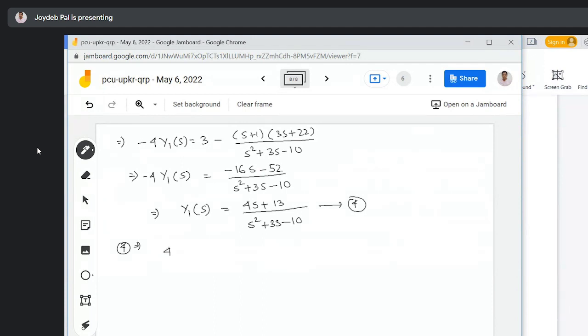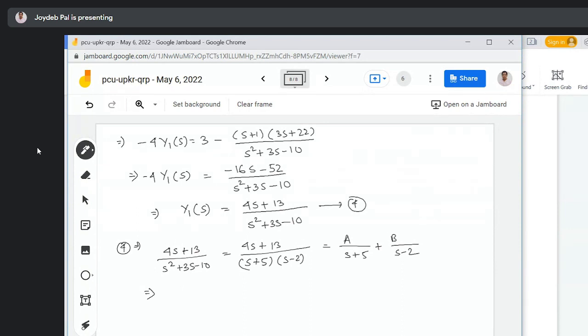I'm assuming that (4s plus 13) divided by (s square plus 3s minus 10), if we can factorize it, is (s plus 5) into (s minus 2), equals a divided by (s plus 5) plus b divided by (s minus 2). Okay, I'm using method of partial fraction to make it simple.